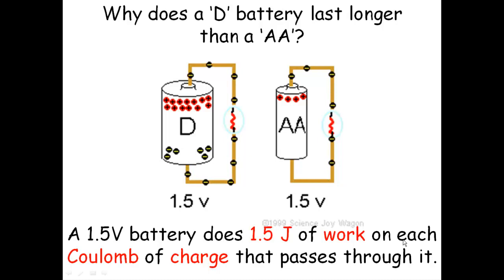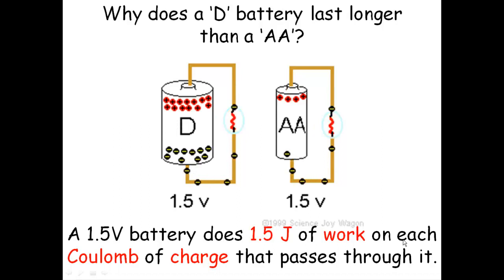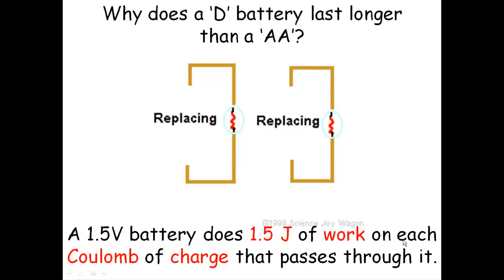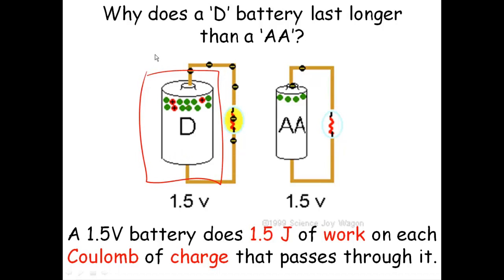So when you put together, we've talked about batteries. When you have two batteries, what is the difference between a AA and a D, or a AAA and a AA? They're both 1.5 volts. They both have 1.5 joules of energy per coulomb of charge. But the D can store so many more charges. It lasts longer.